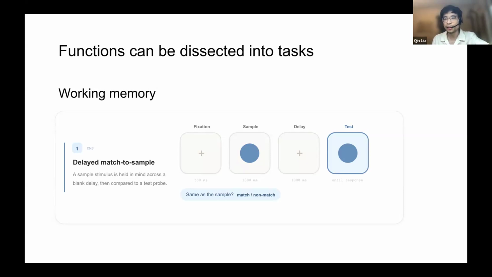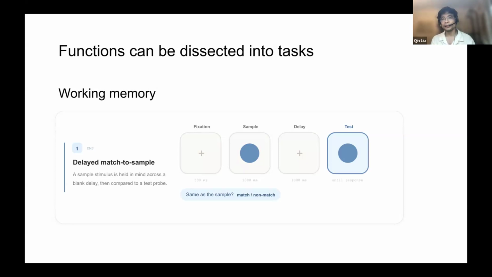And then another image will show up on the screen, and the subject needs to tell whether this one matches the sample or not. This is a very simple task to test the subject's working memory.